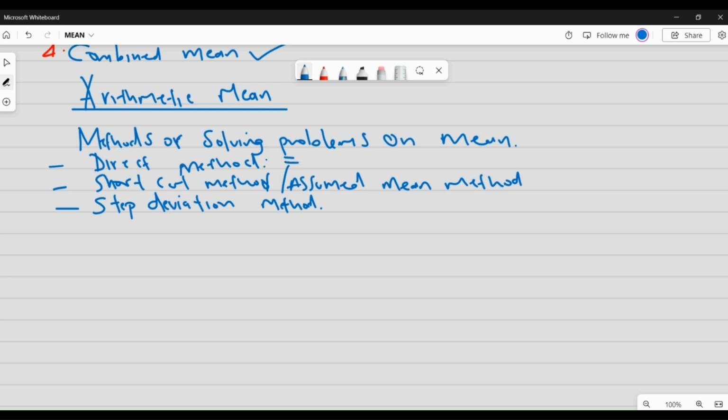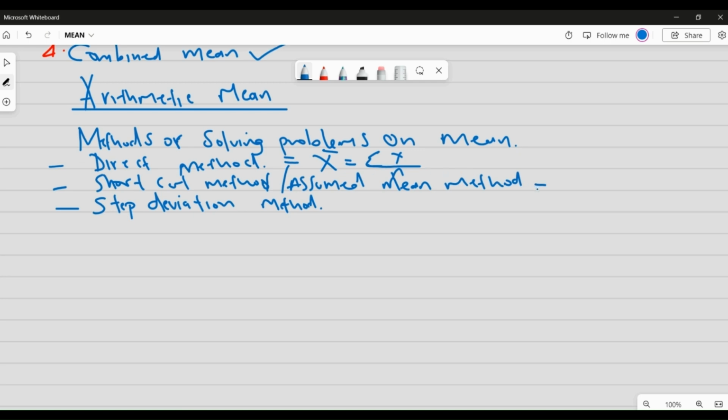For the direct method, the mean is equal to summation of x over n. This is what the direct method is all about.